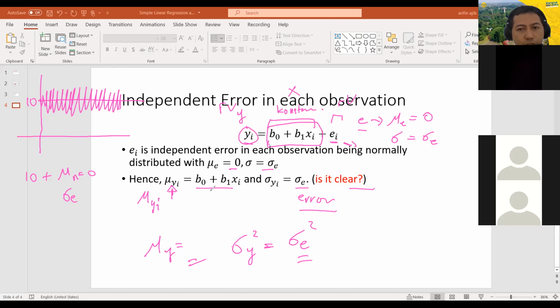Ini kan dia min ya, min dari yi. Tapi kenapa di sini yi pakai error, tapi yang di sini nggak ada error, sir? Kayak saya salah nangkep. Oke, baik. Paham.